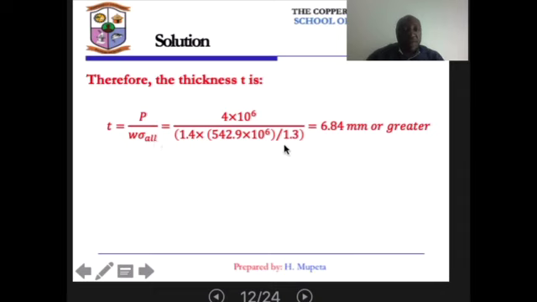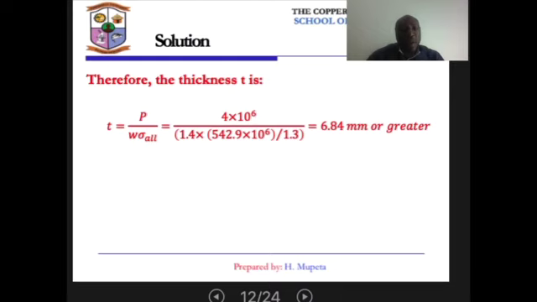So we're going to consider the factor of safety that has been given in the equation, and then the fracture stress that we have found here, divided by the factor of safety multiplied by the width 1.4, and then this into the force 4 times 10 to the power 6, and this gives us 6.84 millimeter or greater.